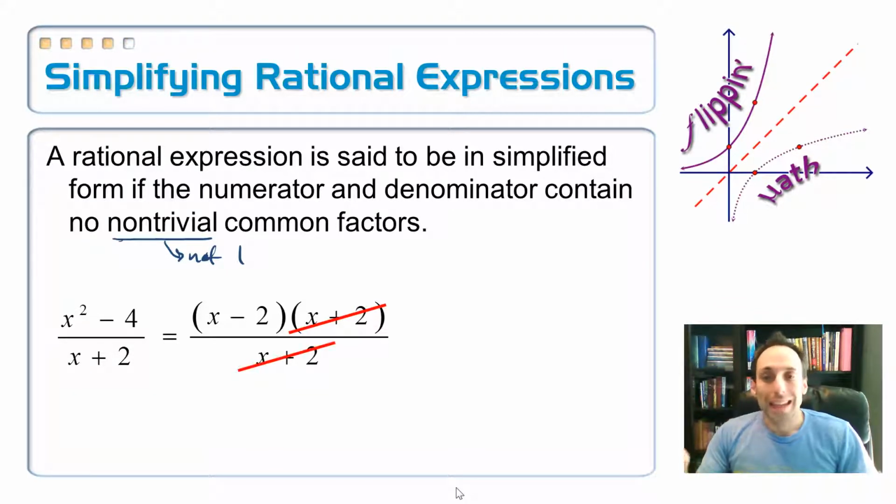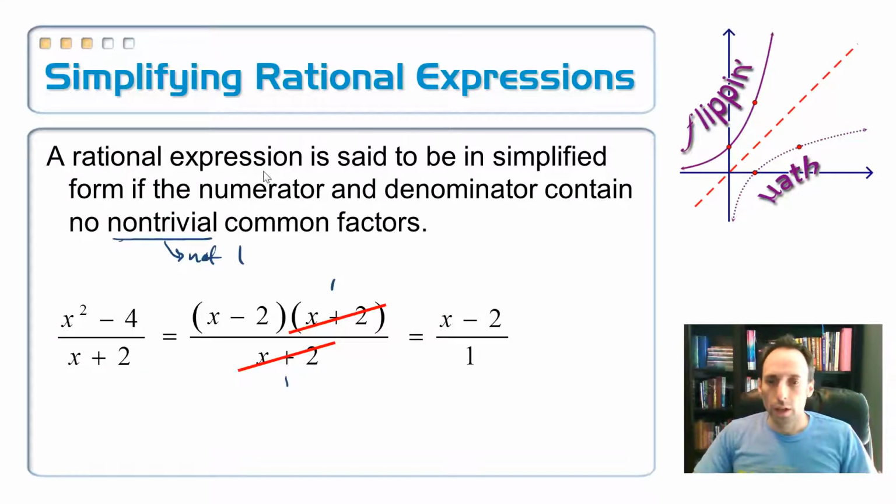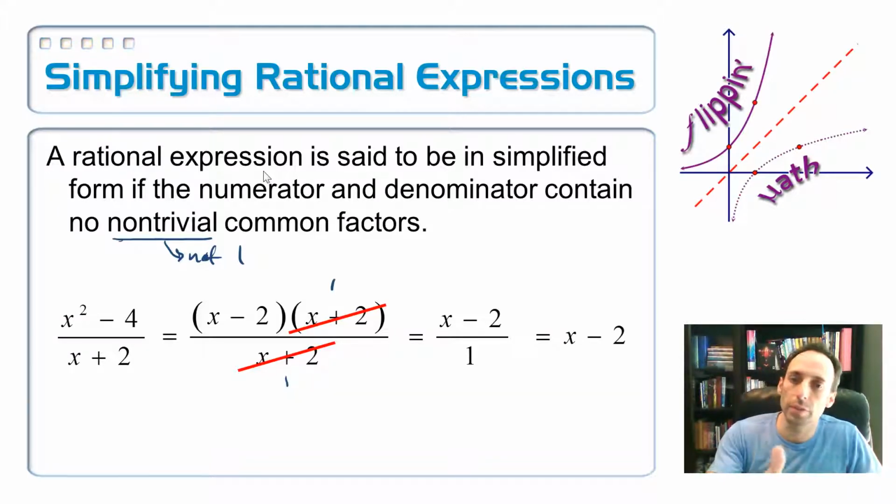Whenever these things cancel out, I'm left with the number 1 behind, because it's like the number 5 divided by 5. So they're gone. And finally, x minus 2 over 1, but you don't have to write over 1, so it's just x minus 2. And now it's in simplest form.